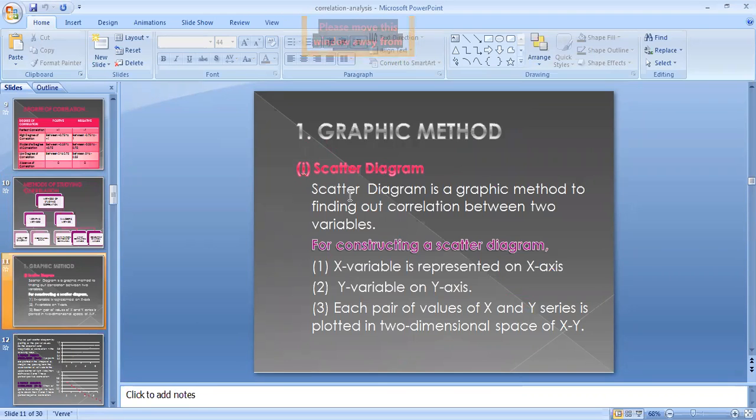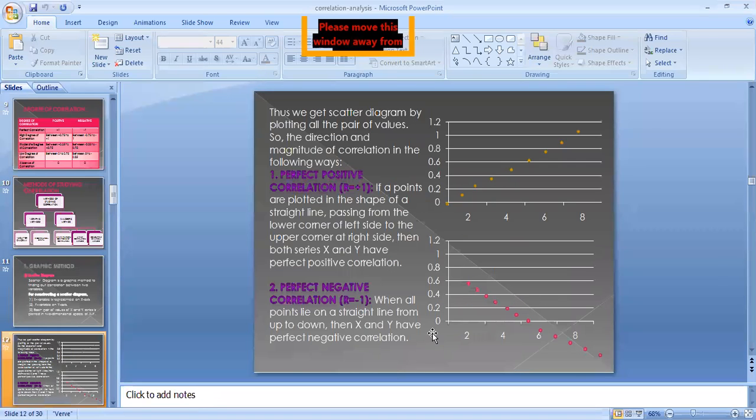Now, the types of graphical method. Scatter diagram. We can draw the scatter diagram using this construction. The X variable is represented on the x-axis, the Y variable on the y-axis. Each pair indicates a point x and y, plotted in two-dimensional space like this.